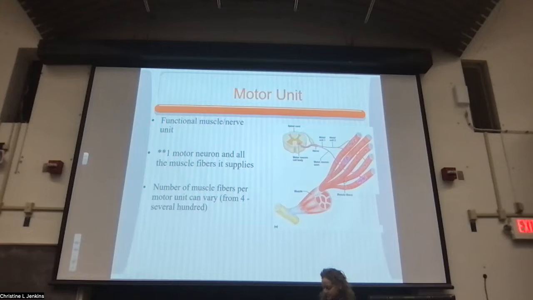So if I want to contract my quads with full intensity, I will activate every single motor unit. I will activate every single motor nerve. But if I'm only lifting a little, maybe I only activate 50 out of 100. If I only want to contract this muscle partially, maybe I only activate the red nerve, but not the blue.